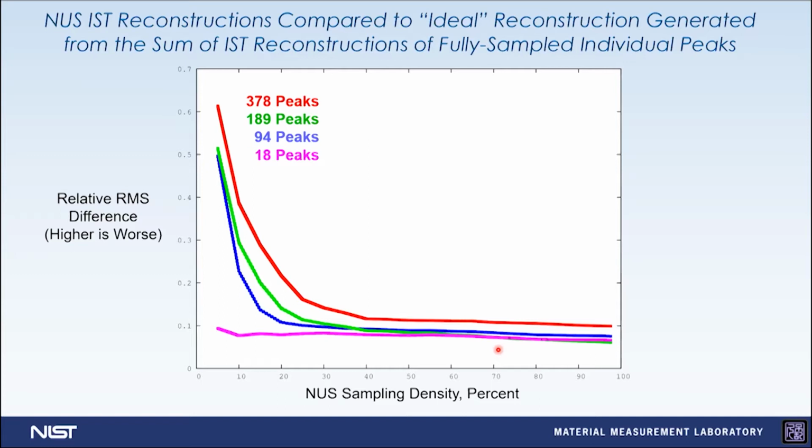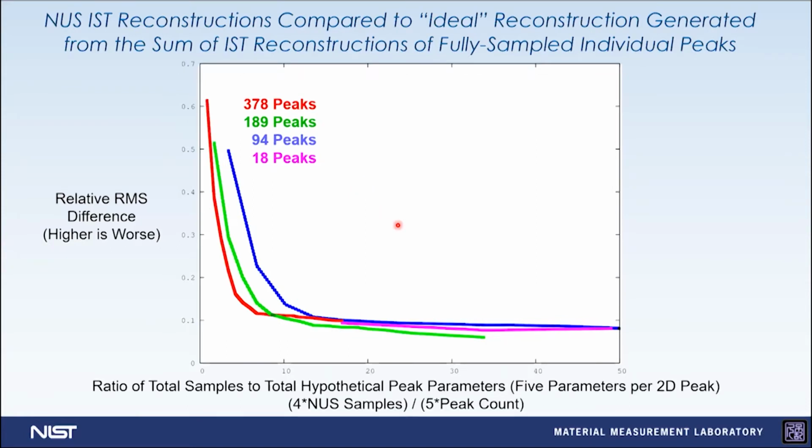And here's a little graphic that shows the RMS difference between a NUS reconstruction and the fully sampled reconstruction with respect to the different numbers of peaks that we saw in the previous example. And one way we can think about this is to think about the reconstruction as a kind of problem in numbers of degrees of freedom.